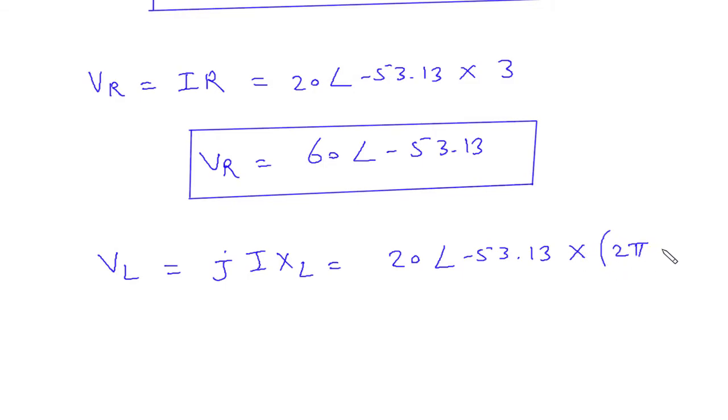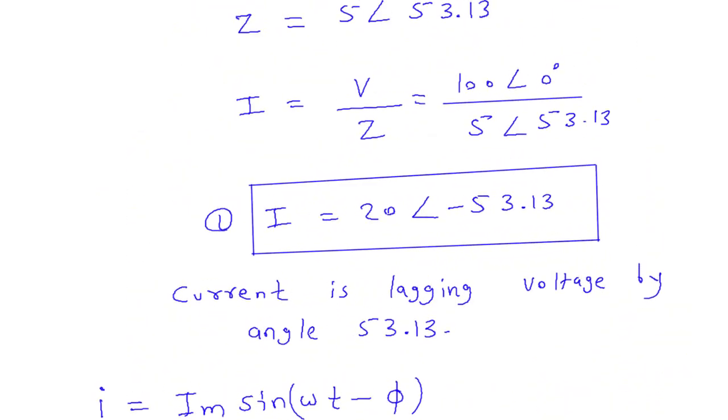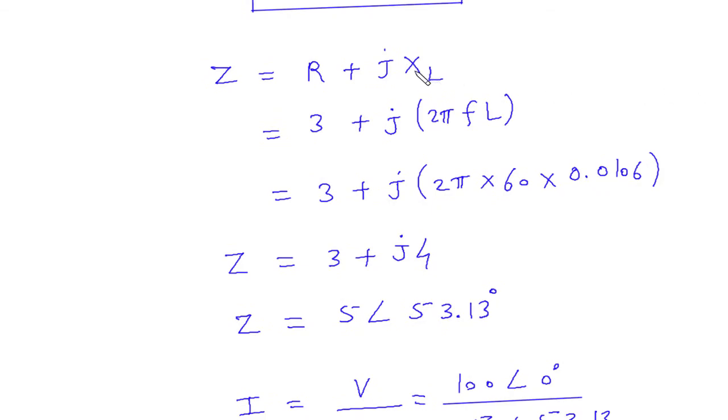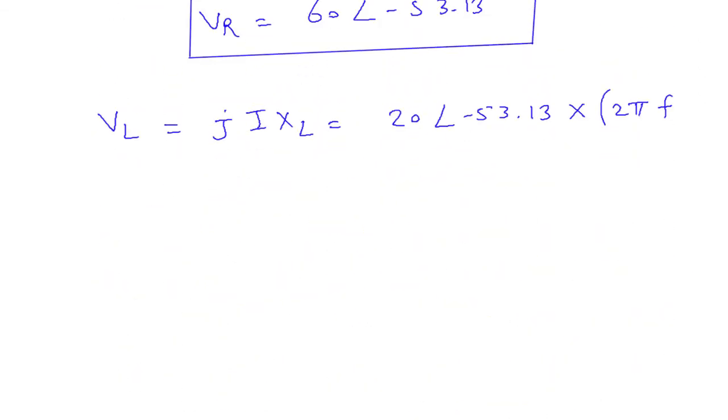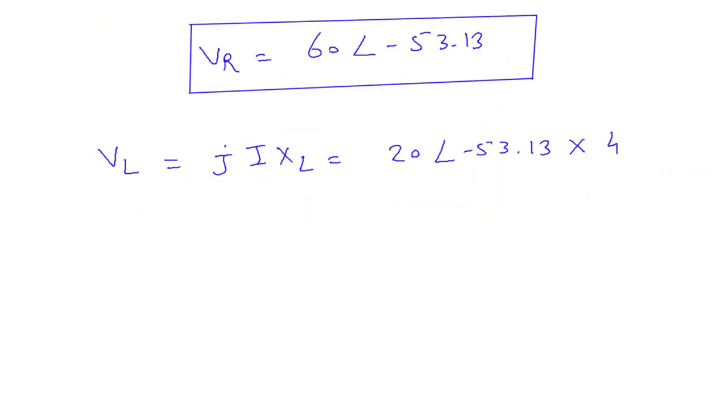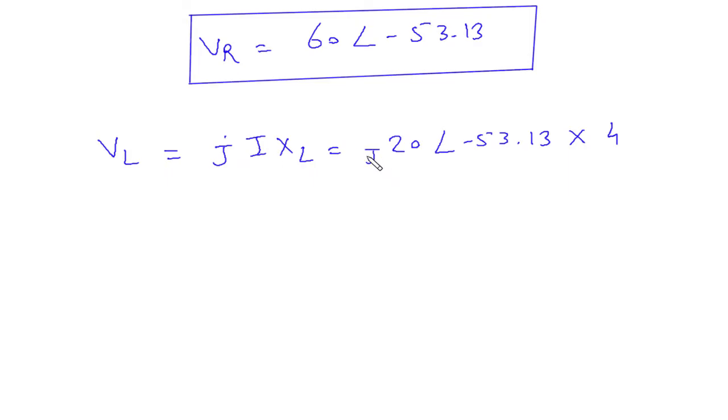XL is 2 pi F, or from here we can take the value of XL, which is 4 ohm. So we can directly write 4 into j.